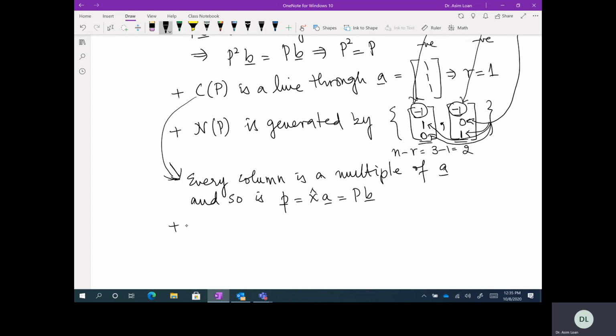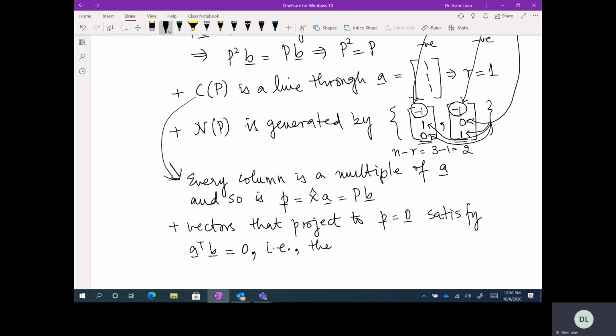Also, vectors that project to P is equal to 0 means they have to be orthogonal, obviously. They satisfy A transpose P equals 0.